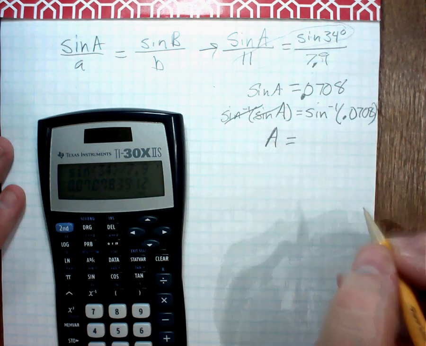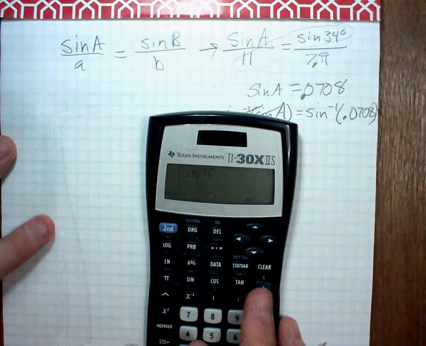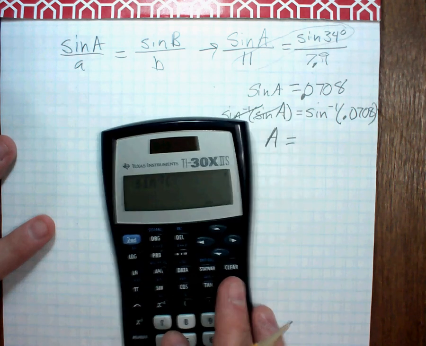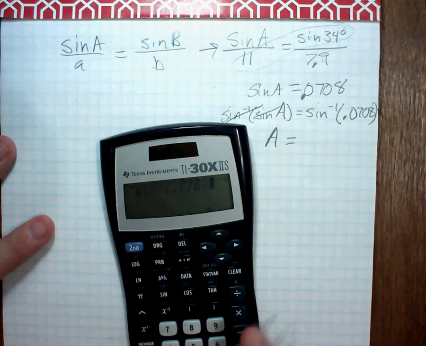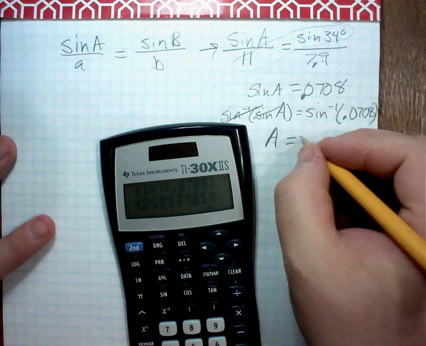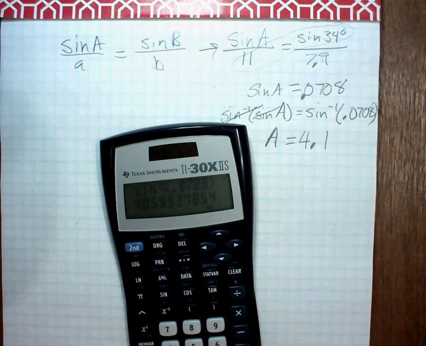That gives me A equals the inverse sine, so I'm going to hit second sine. See how that looks on the calculator? And then I'm going to plug in 0.0708. Hit enter, and it's approximately 4.1. Okay? Wait, let me double check that.